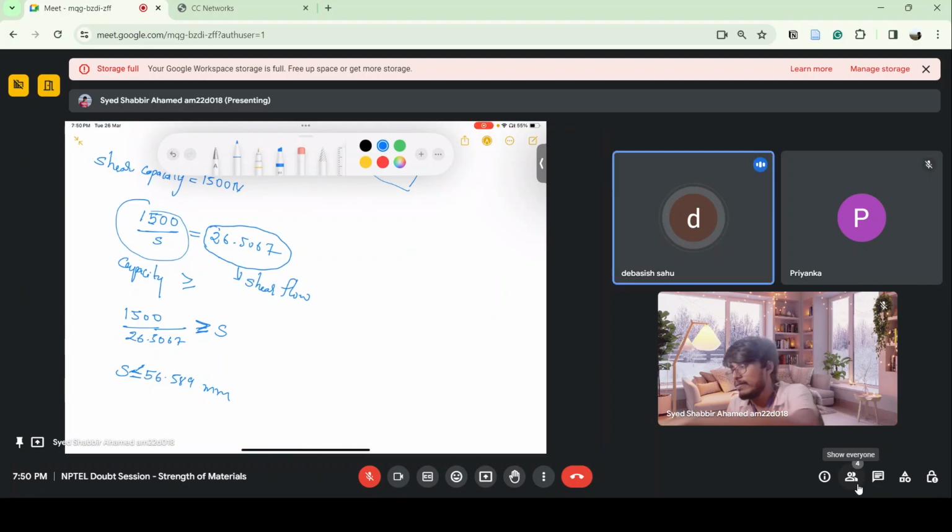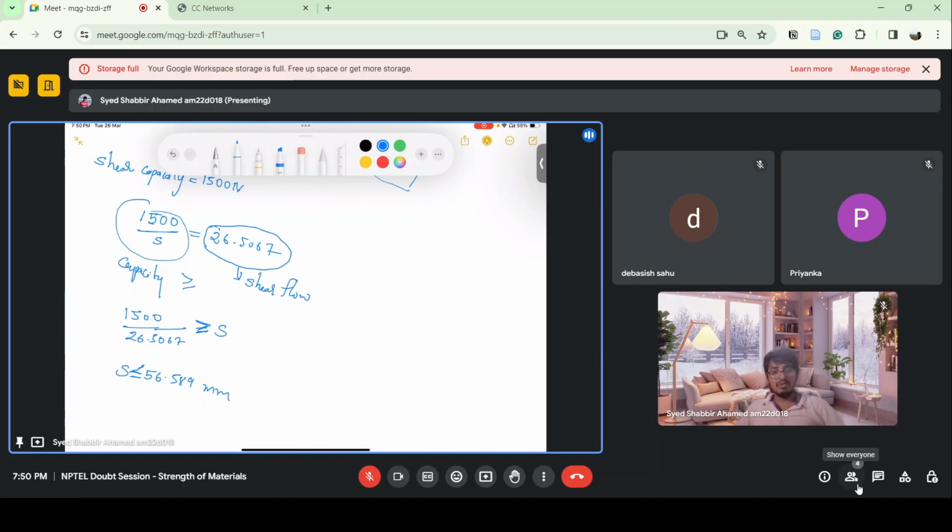Understand? It means one screw fails at 1500 newtons of applied shear force. We got the 26.50 shear flow generated. All the screws have a capacity of 1500 newtons.